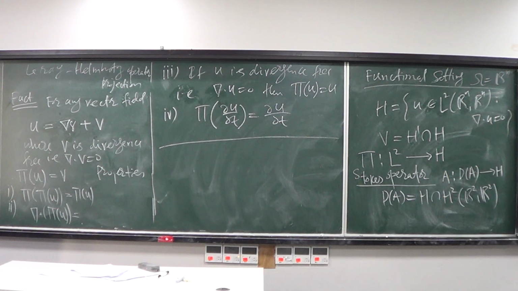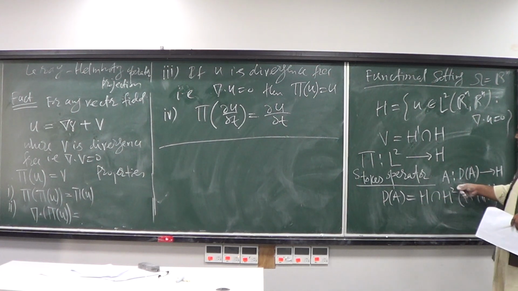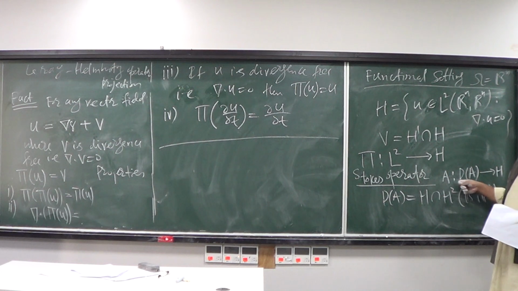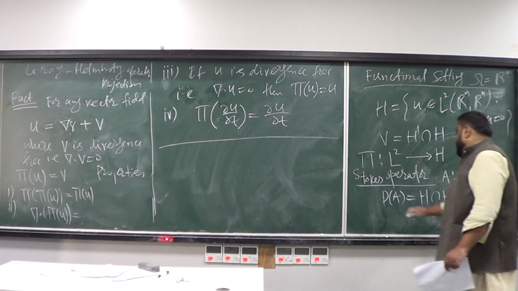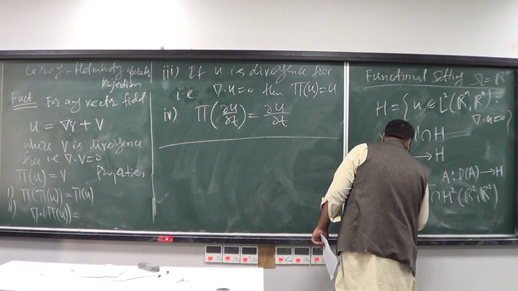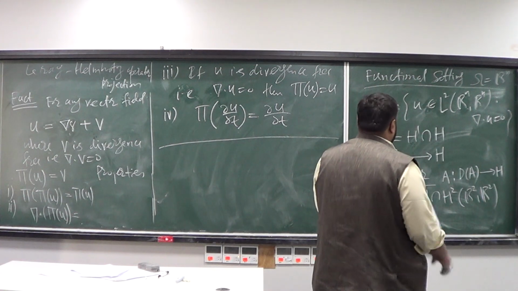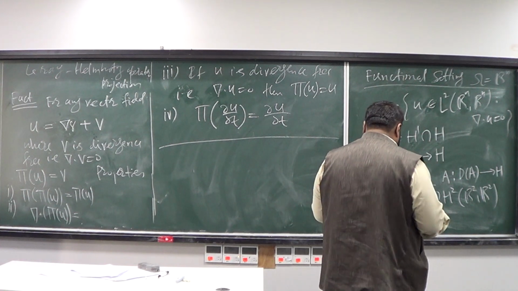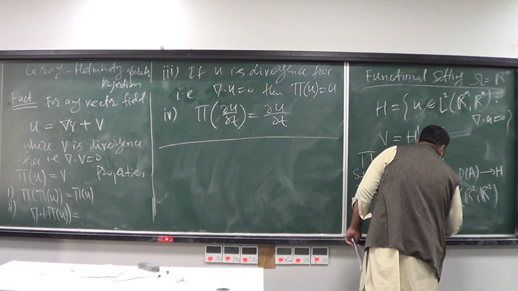In other words, the domain of A is the collection of those divergence free vector fields whose weak derivatives up to the second order are square integrable. And the definition of this Stokes operator is that it is the negative of the projection of Laplace U.